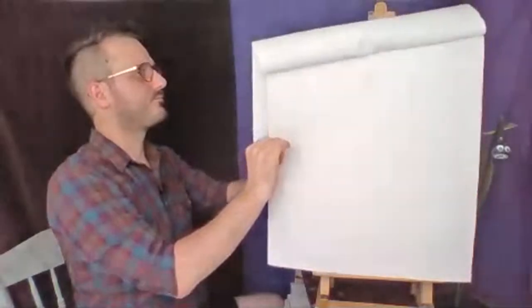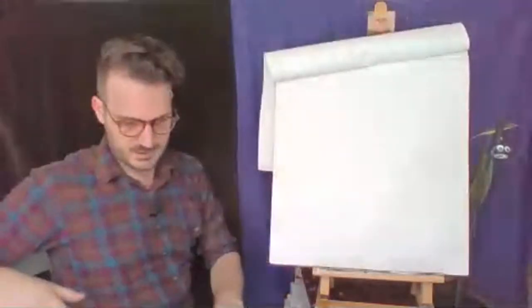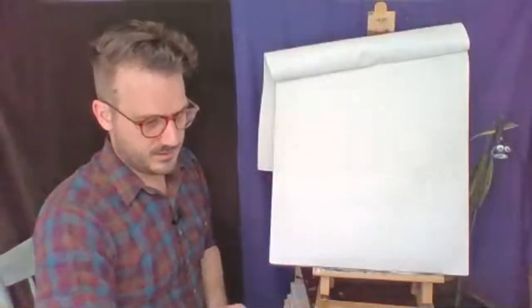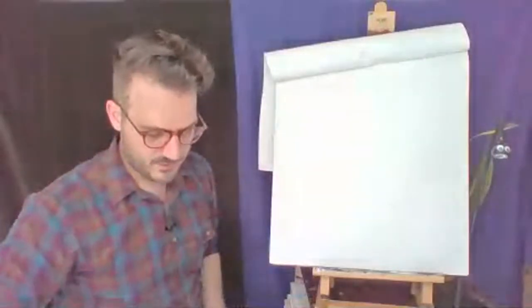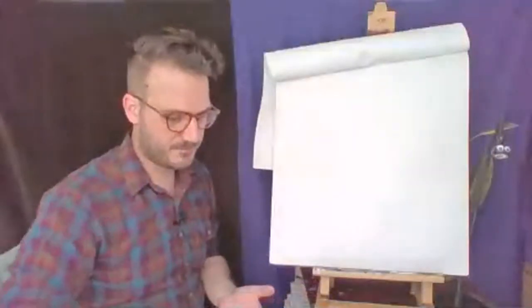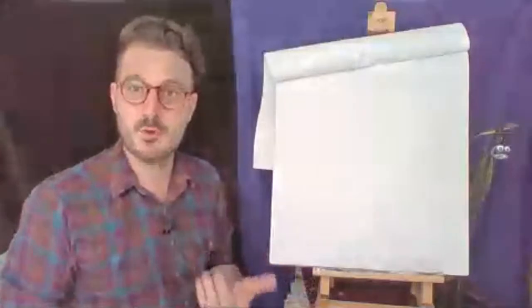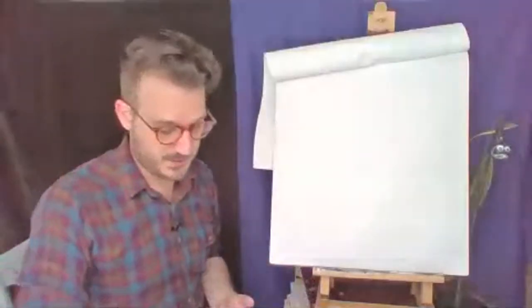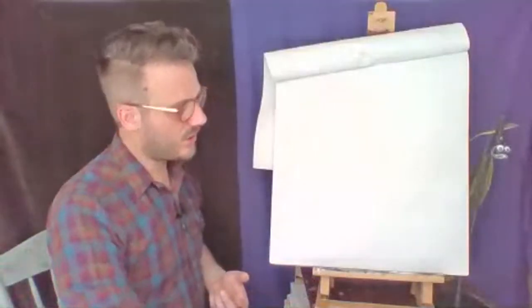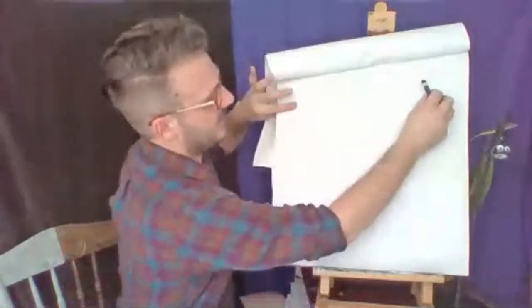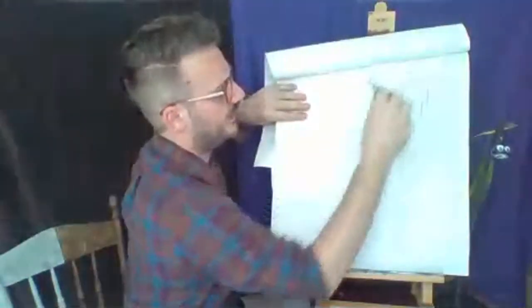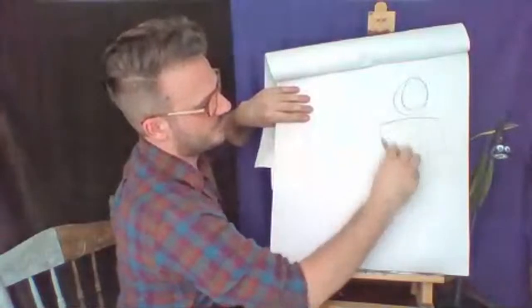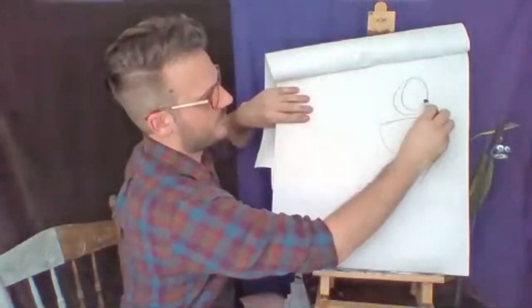All right, let's see. Now, if I were drawing a person in a more traditional or realistic way, I would start by drawing the head, and then the shoulders, that's the torso.